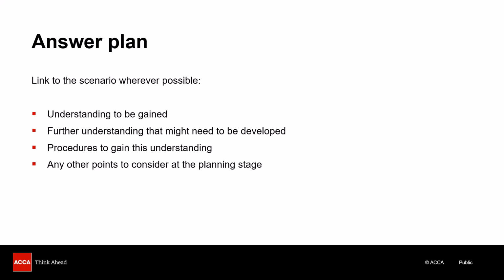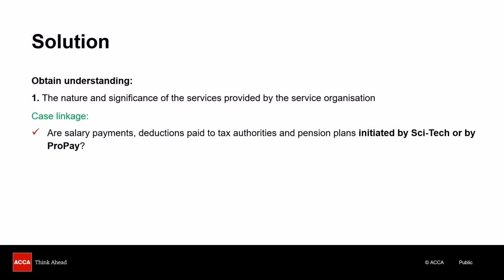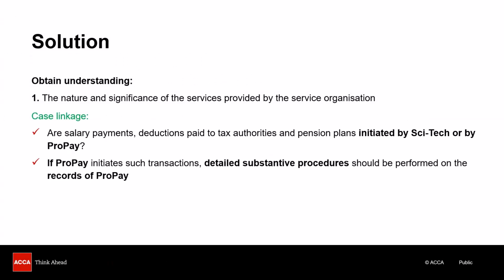You're going to outline the understanding that needs to be gained, explain how further understanding can be developed through the type 1, type 2 reports, etc., outline the procedures to perform to gain this understanding, and finally any additional scenario specific points as well.